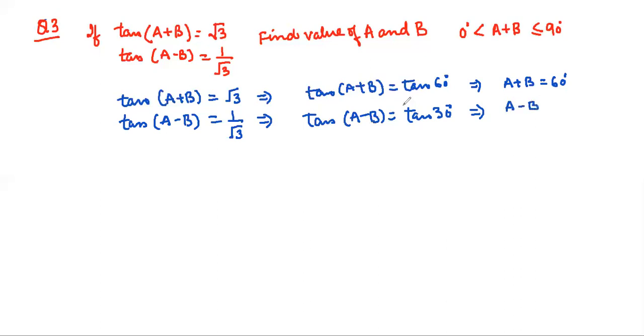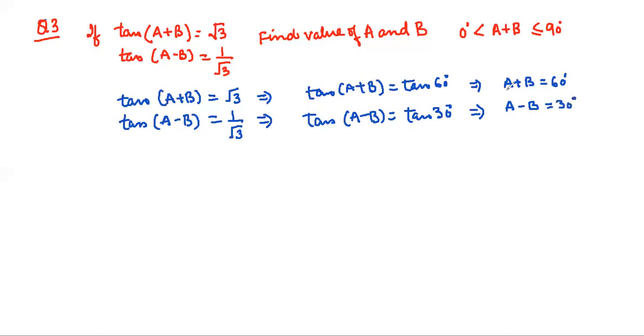This is not that I am cancelling this tan and this tan. No, I am not cancelling. I know that the value of angle will not repeat at any other place between 0 to 90. Therefore, this should be equal to this. Similarly, if both the sides I have tan, that means this angle should be equal to this angle. Therefore, A minus B is 30 degree.